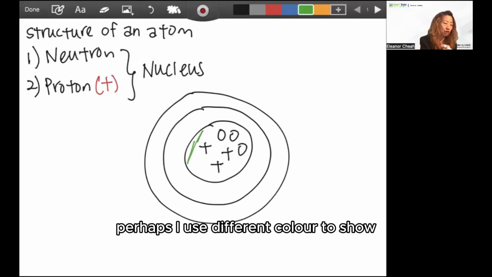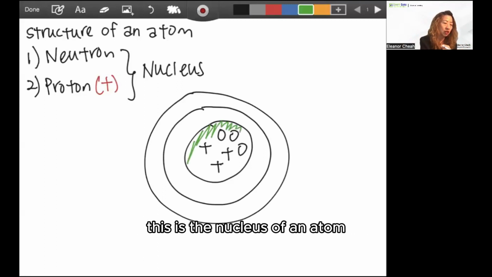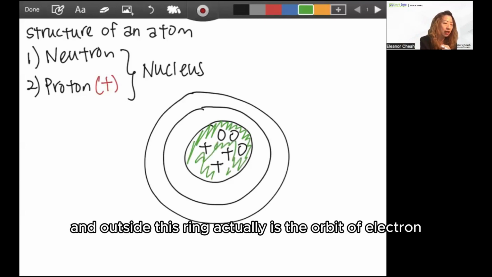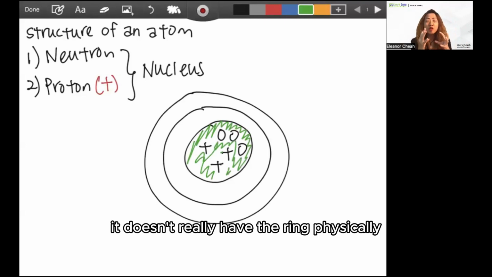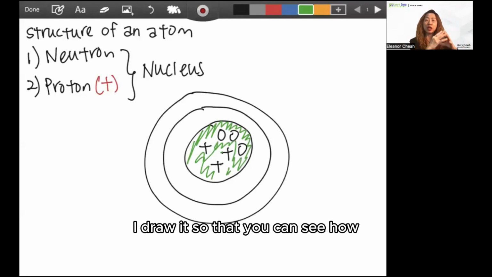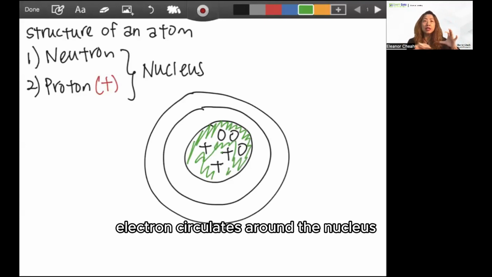Perhaps I use a different color to show this is the nucleus of an atom. And outside this ring actually is the orbit of electron. It doesn't really have the ring physically. I draw it so that you can see how electrons circulate around the nucleus.